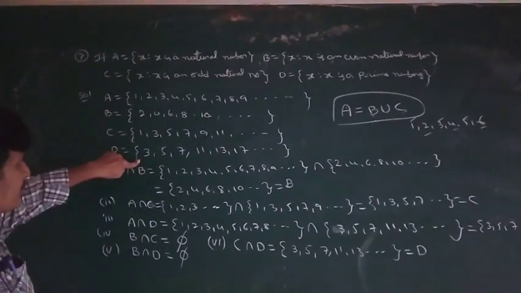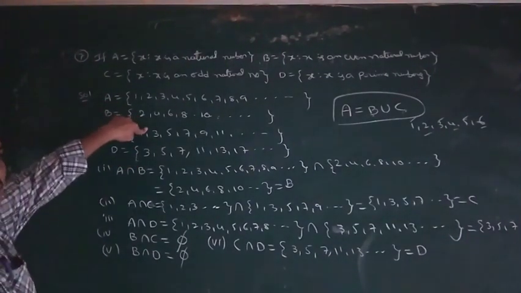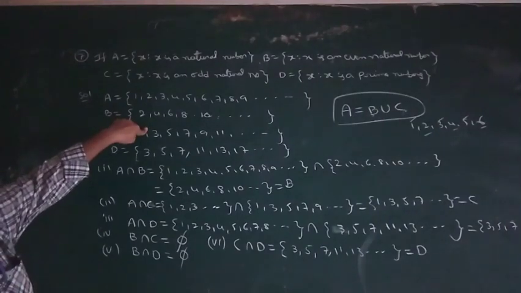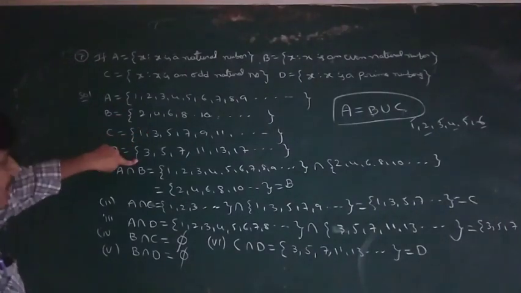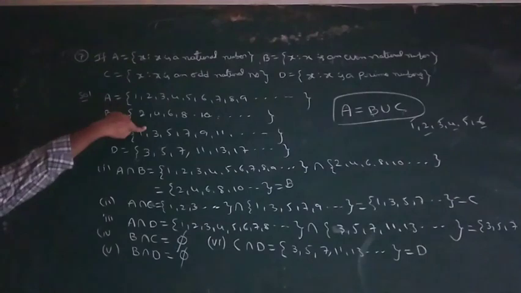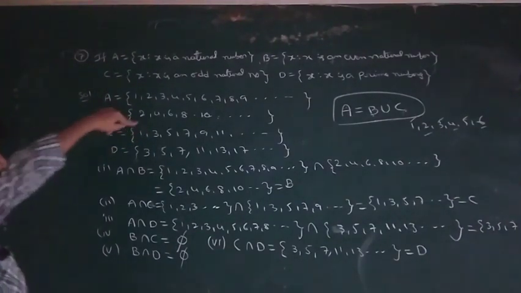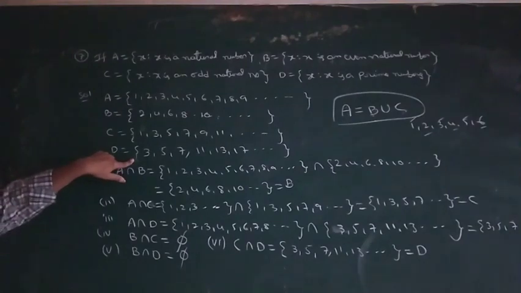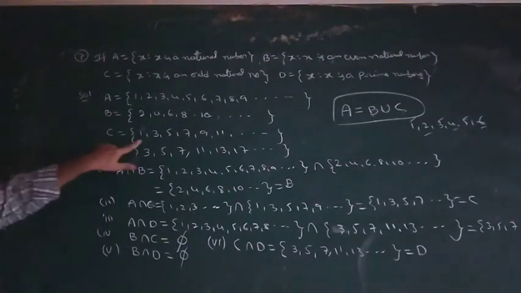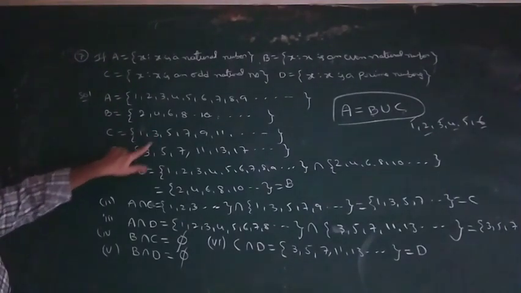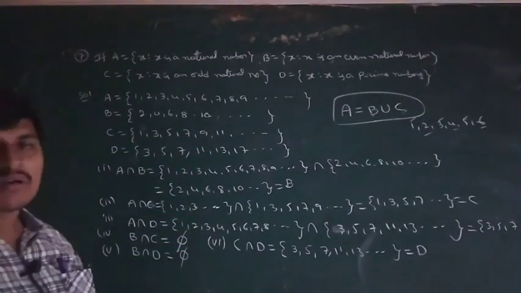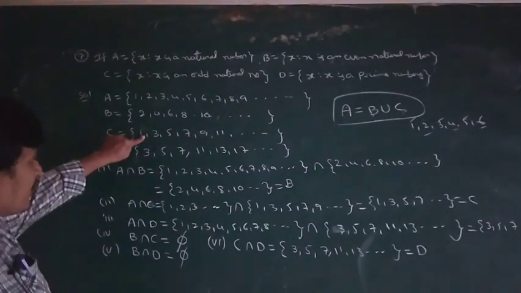All prime numbers are there in the odd numbers, but not all odd numbers are prime numbers.